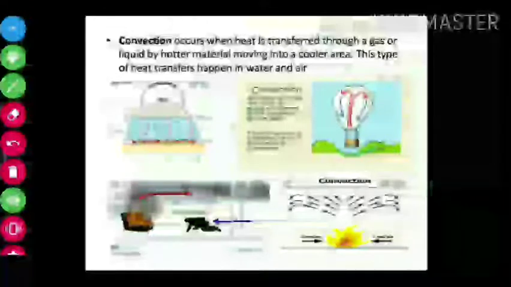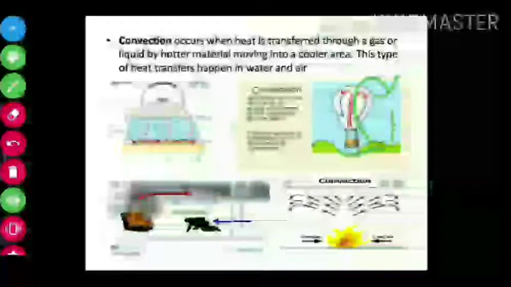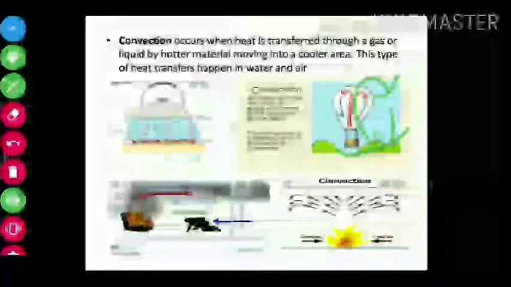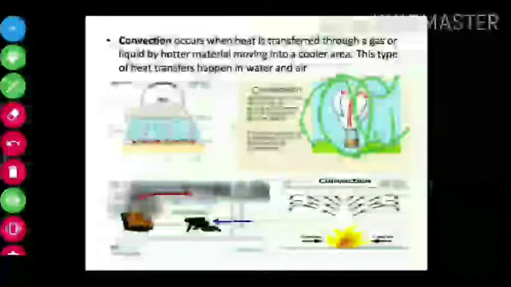When the air becomes hot, that will go up, and from upside the cooler air goes down or moves to the bottom of the balloon. Then again after getting hot, that will go up, and again cooler air comes down.